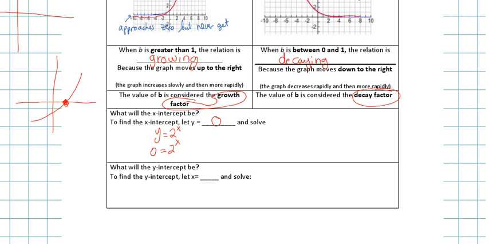Plug in 2 to the power of -15. So it's 0.00003. Okay. So even if you plug in a very big negative number, you're going to get 0.0000 and a number.